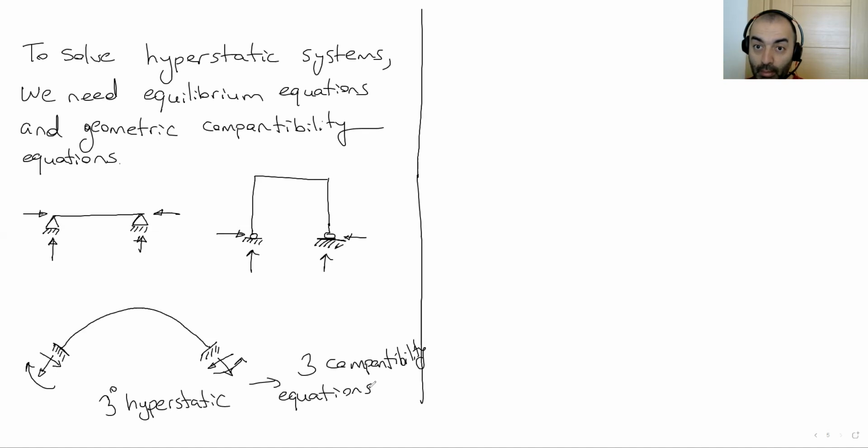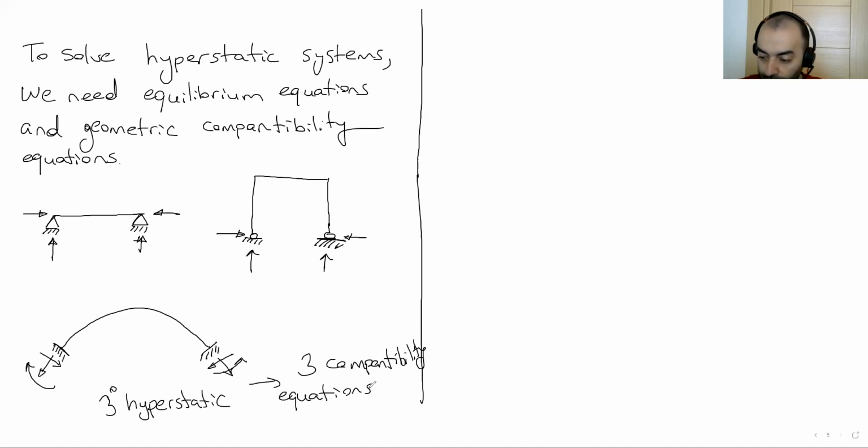But generally, to make a design, we want to see the big picture. We want to see the internal force distribution on the structural system. To do that, we have to draw the internal force diagrams. Now we are going to learn how to draw them.